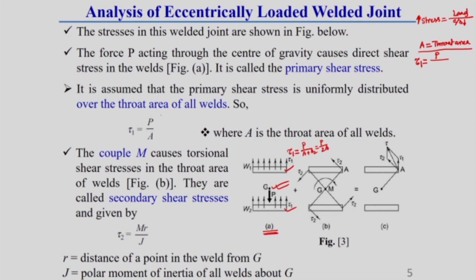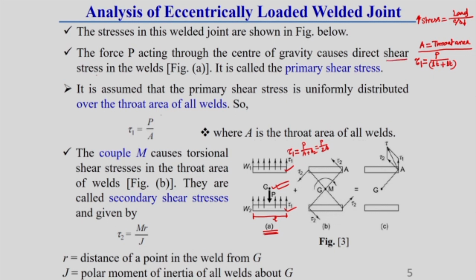Here we are considering 2 welds. What is the cross sectional area of these 2 welds? It is T into L, where the length of the weld is L and the throat thickness is T. This is one weld's cross sectional area, and this is another weld's cross sectional area. So this is the primary shear stress: the force P acting through the center of gravity causes direct shear stress.